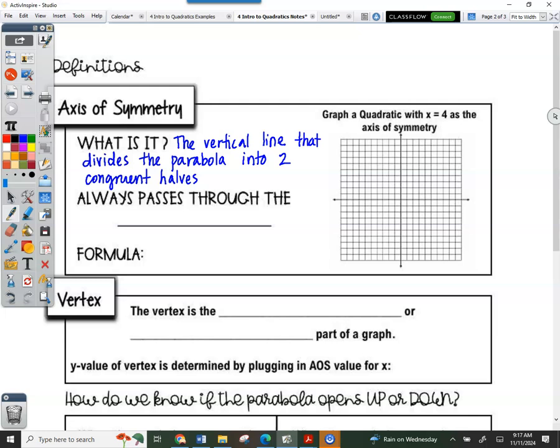What does congruent mean? Do you remember? Same. Equal.